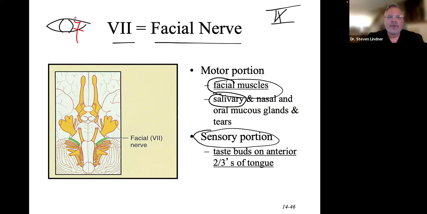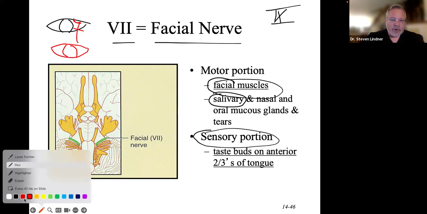This is the number 7, and its job is to grab the eyelid and close it, like blinking. Okay, so cranial nerve 7 helps you blink to close the eye. Like if you're walking outside on a summer day and a little insect goes in your eye, you blink. It forces it out.